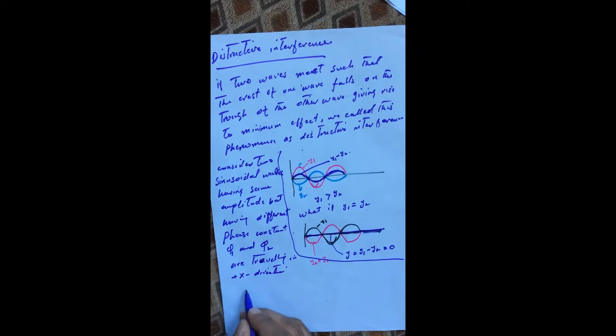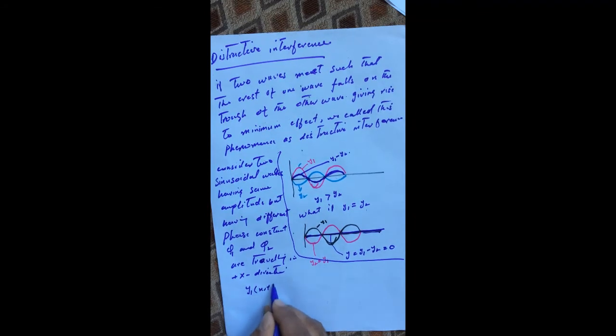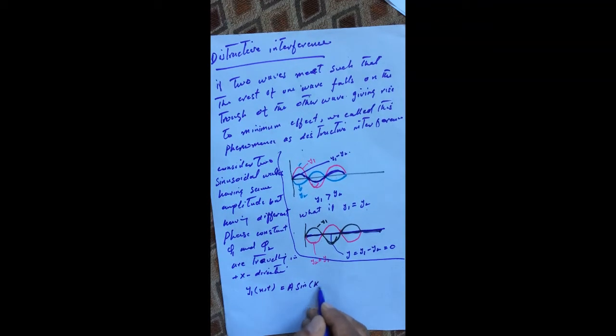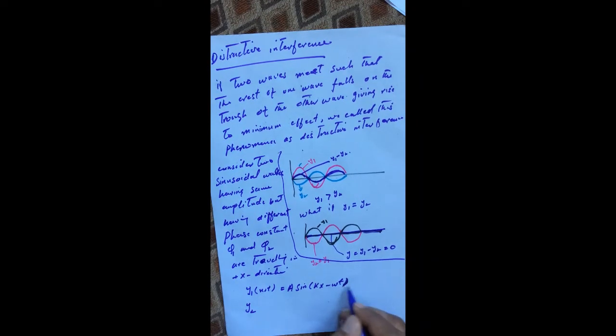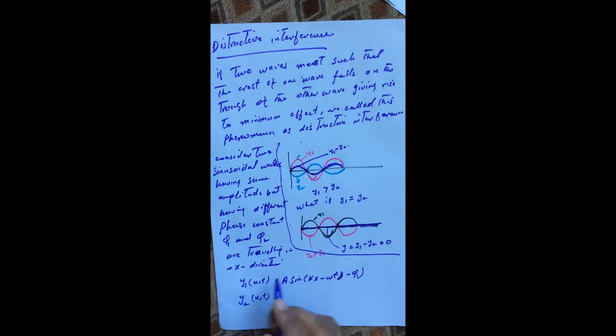These two waves: I call the first y1, which is a function of both position and time, equal to a sine kx minus omega t minus phi1. Similarly, the second wave y2 is a function of both position and time.